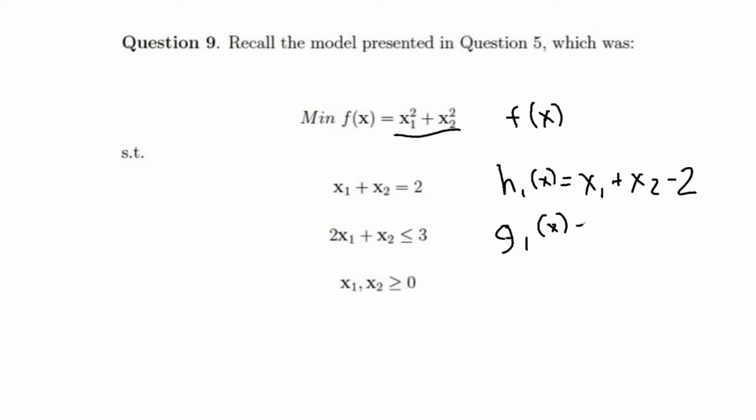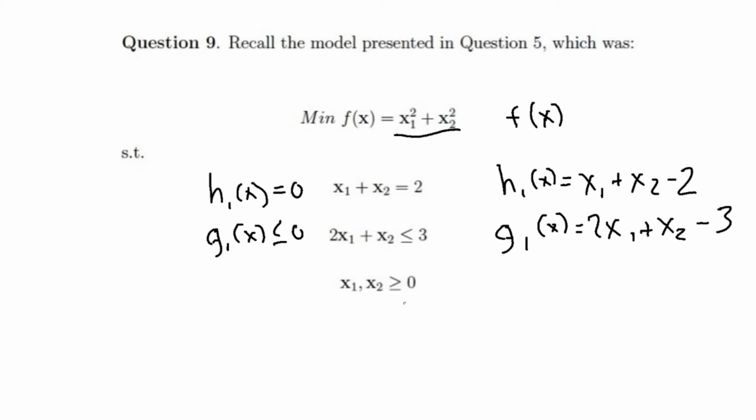In this case, it is 2x1 plus x2 minus 3. And so this first constraint here, x1 plus x2 equals 2, is the same as h1 of x equals 0. The second constraint here, 2x1 plus x2 is less than or equal to 3, is just g1 of x less than or equal to 0.